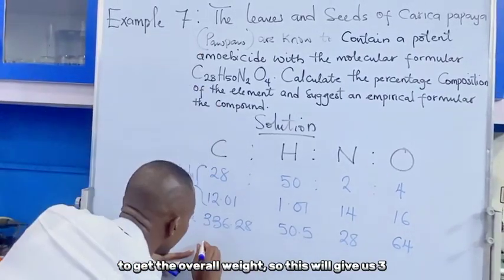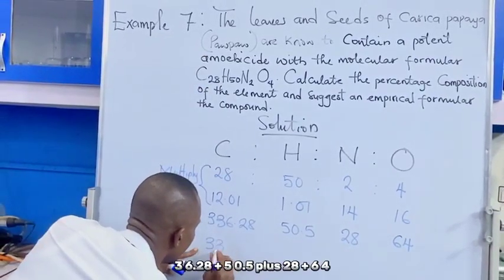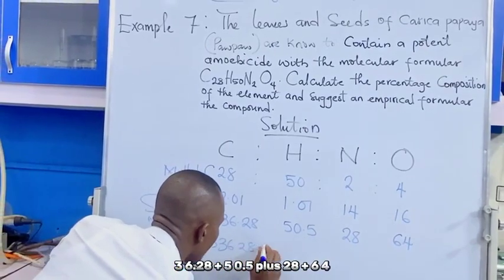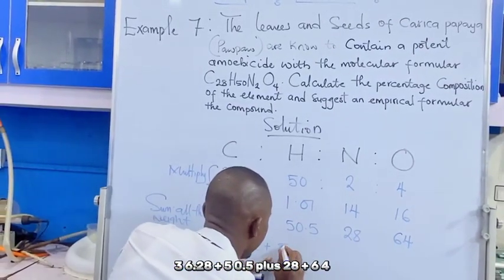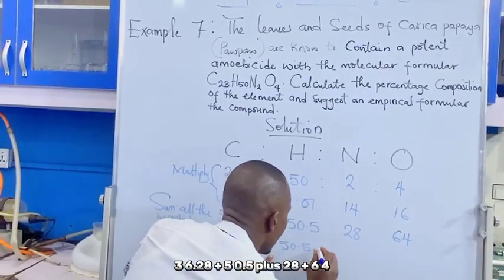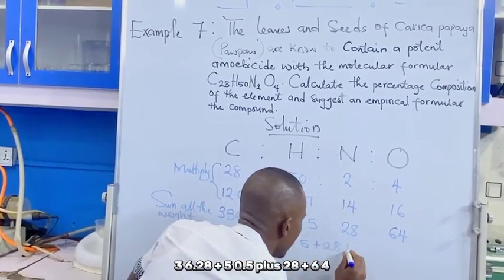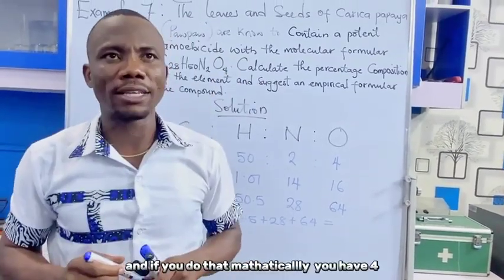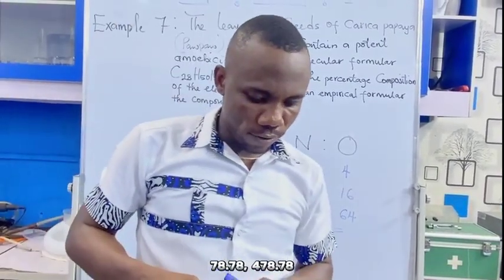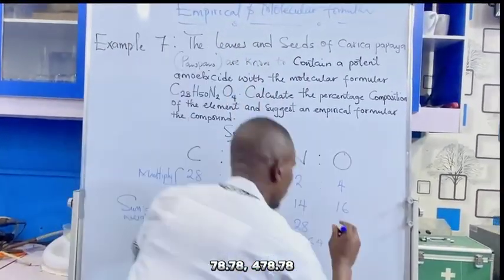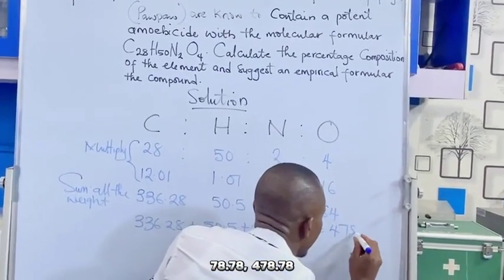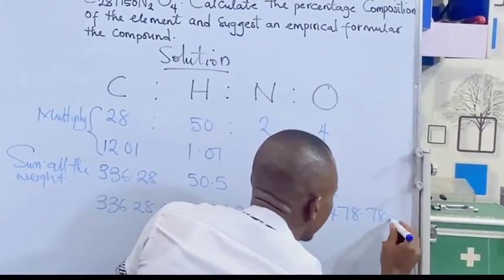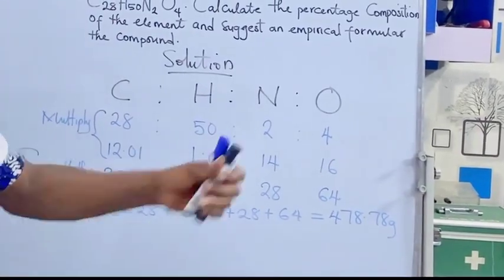So this will give us 336.28 plus 50.5 plus 28 plus 64. And if you do that mathematically, you have 478.78, the weight of the overall compound.